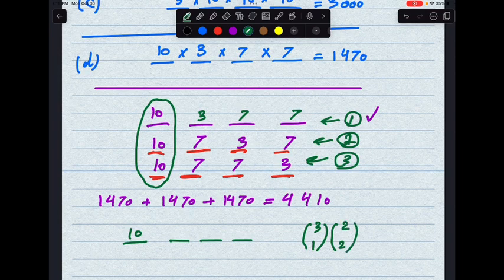When we say 1 out of 3, it says which one of these 3 places is a vowel. When we choose that, the other 2 will be consonants, so that's why it's combination of 2 out of 2, which is just 1.